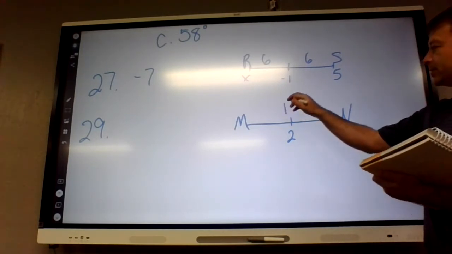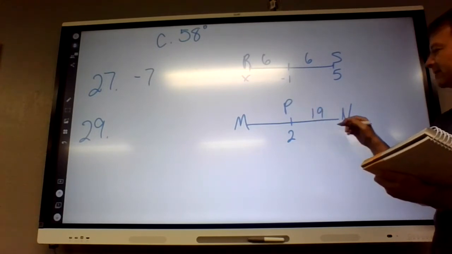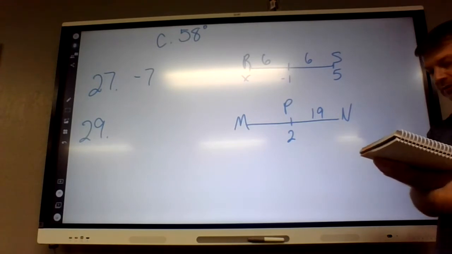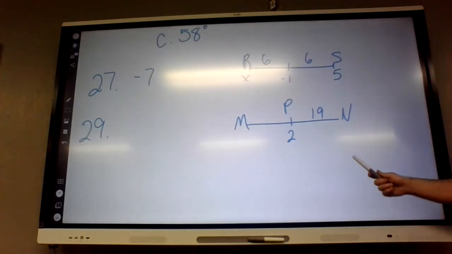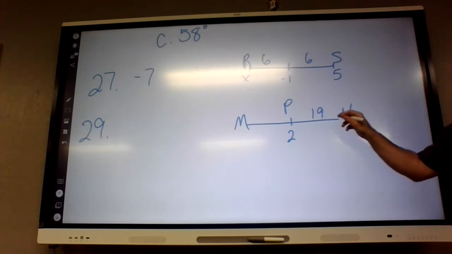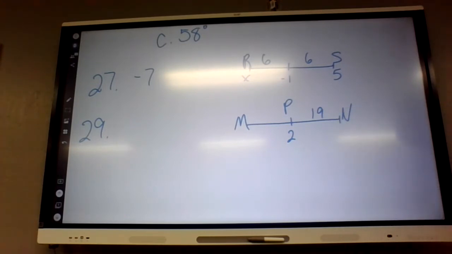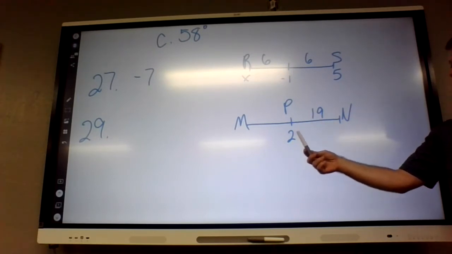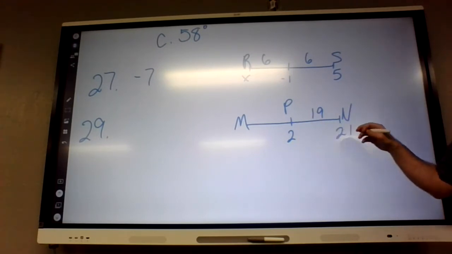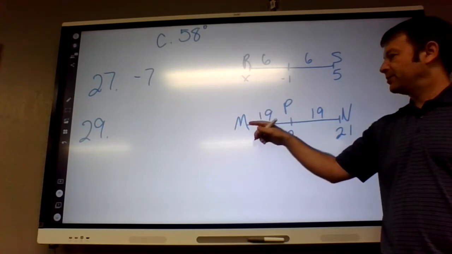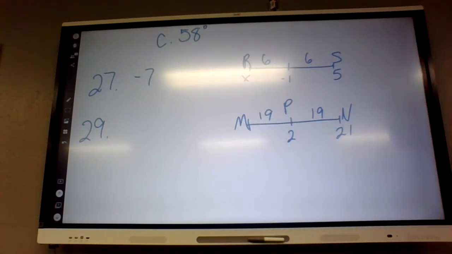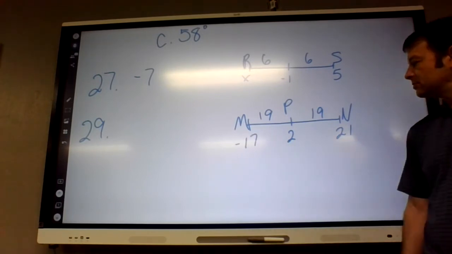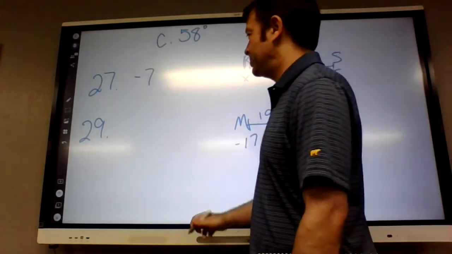I don't really get what their point is here. All right, anyways, how could I find the coordinate for N? PN is 19 long, 2 is in the middle. So add: 21. And how do I find the coordinate for M? Subtract 19. That's 2 minus 19. -17. So it's -17 and 21.